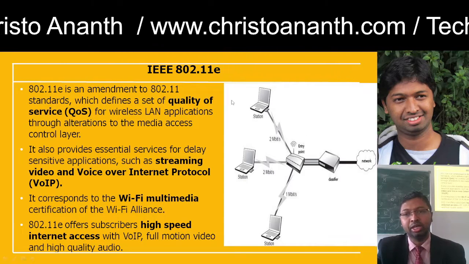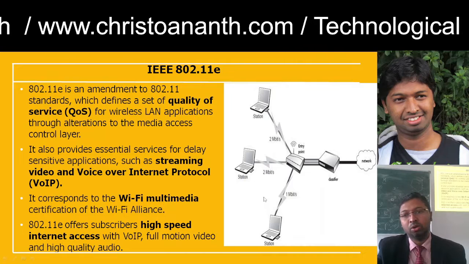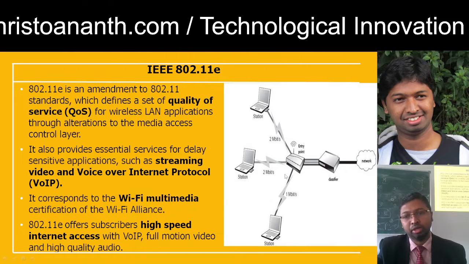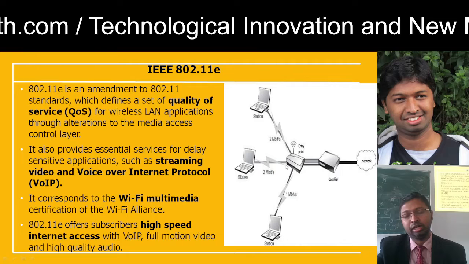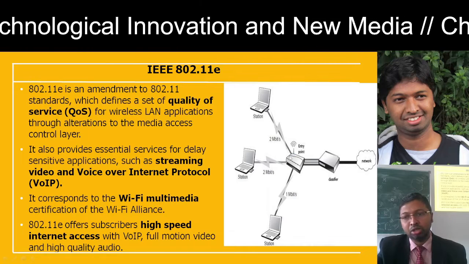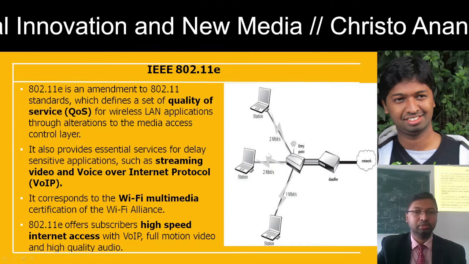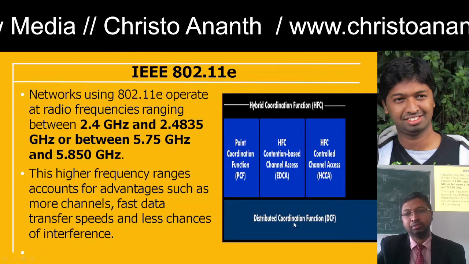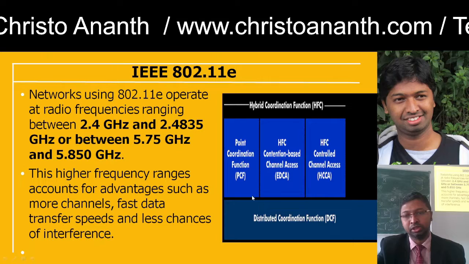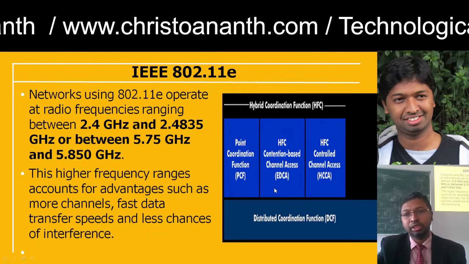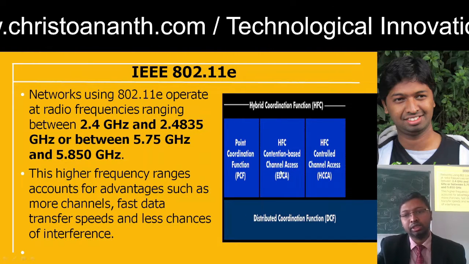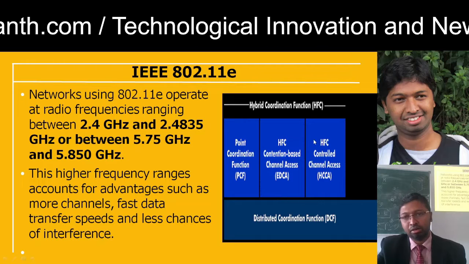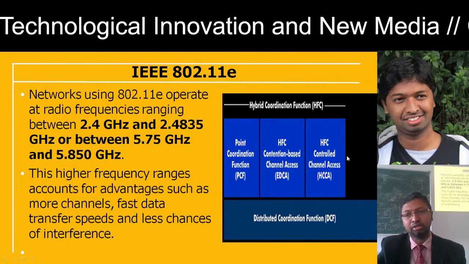So you'll have different stations, 1 Mbps, 2 Mbps, which correspond to the entry point to the classifier and across the network. Here we have DCF and PCF, distributed coordination function and point coordination function. Then you will have contention based channel access, hybrid coordination function across the areas.